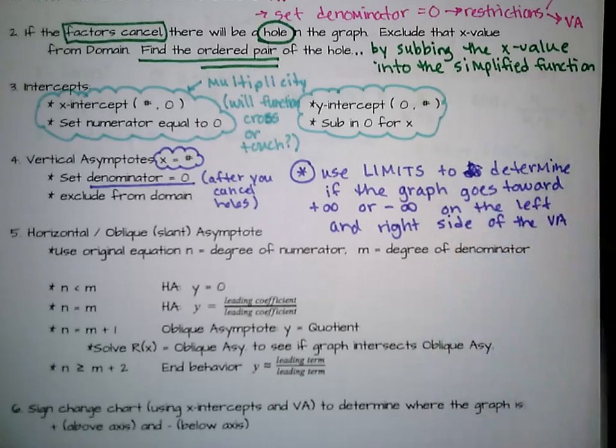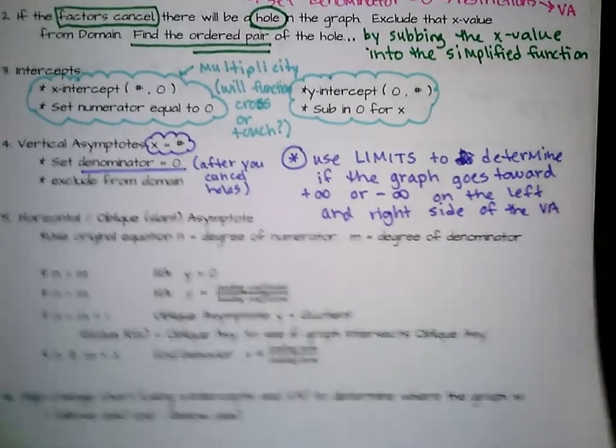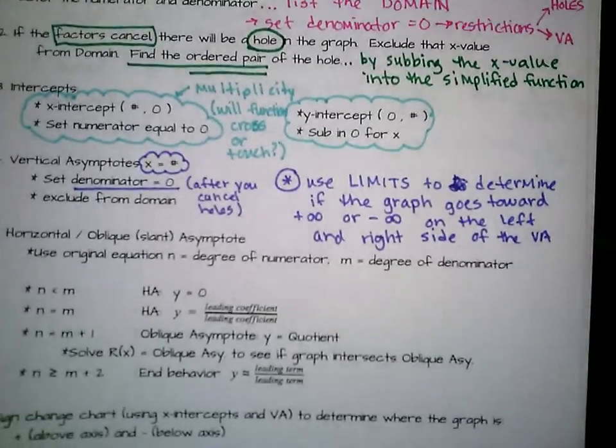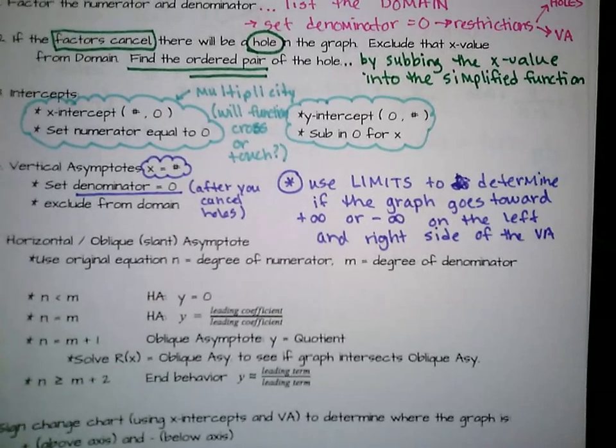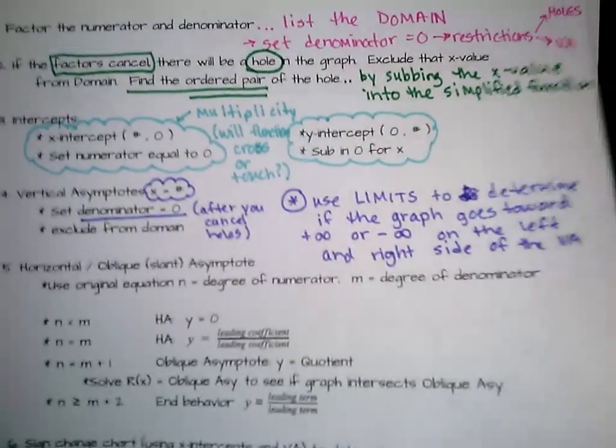Okay. So we'll practice that using limits to determine if the graph goes towards positive or negative infinity on the left and right side of the vertical asymptote.